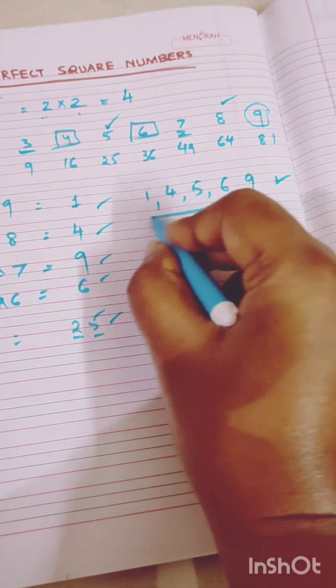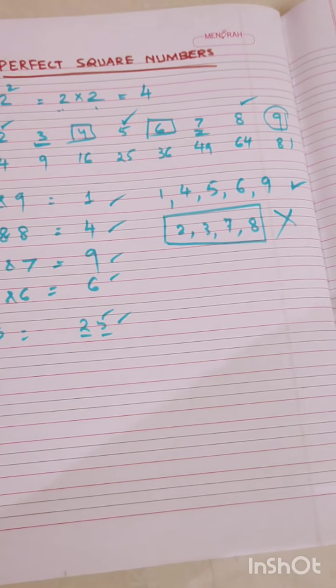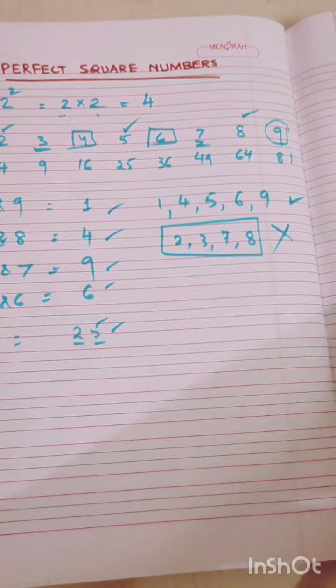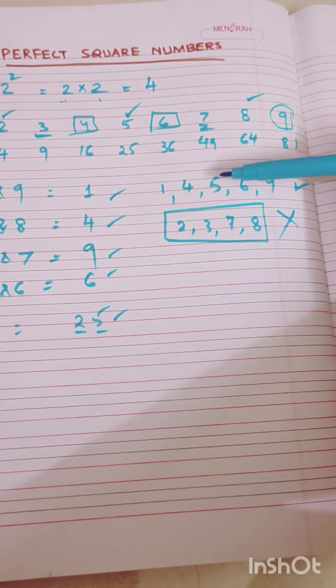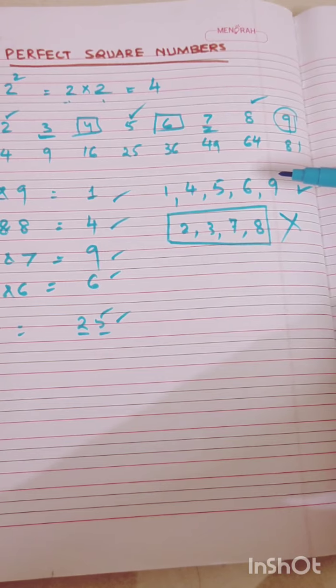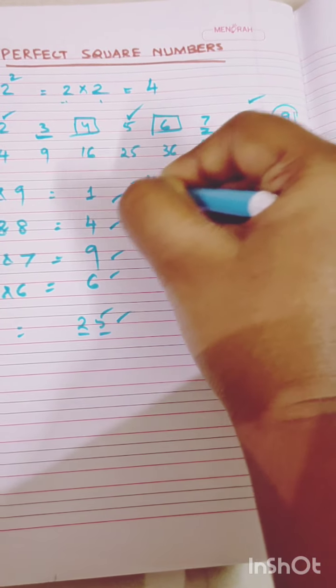Any numbers which end with these digits will not be perfect squares. Okay, so this is rule number 1, which says that any number which ends with 1, 4, 5, 6 or 9 can be a perfect square number.